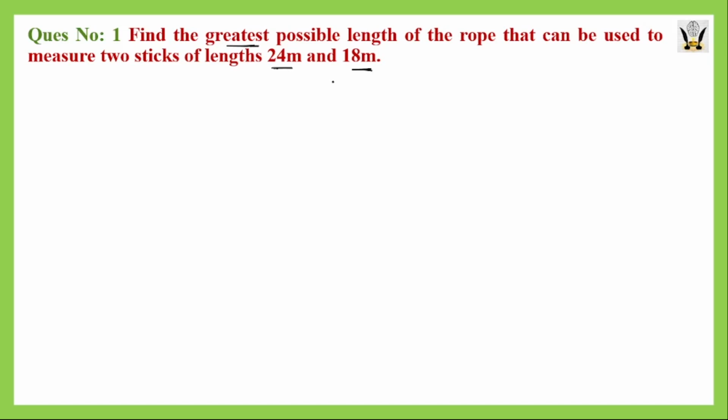That means we have to choose the length of the rope in such a way that it will be a common factor of these two values, and that will be the greatest common factor. So basically the solution of this problem sum is that we need to find the greatest common divisor or highest common factor of these two numbers.